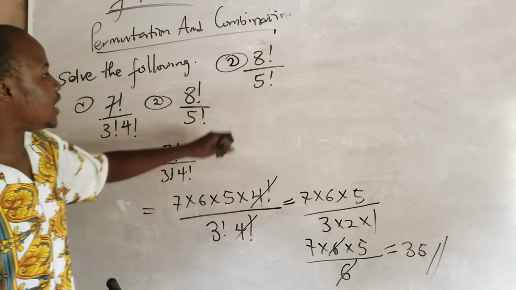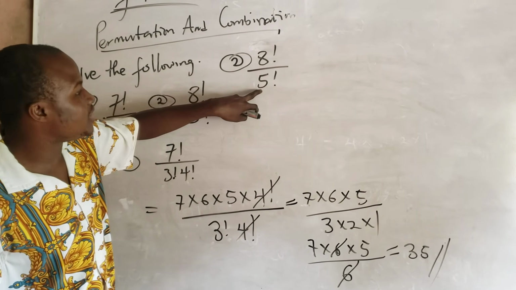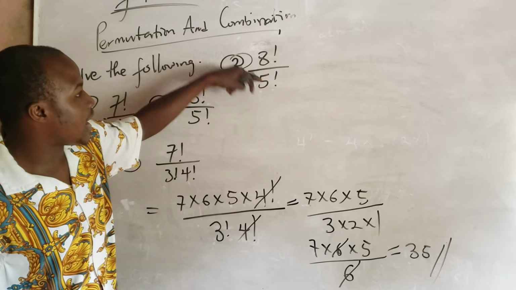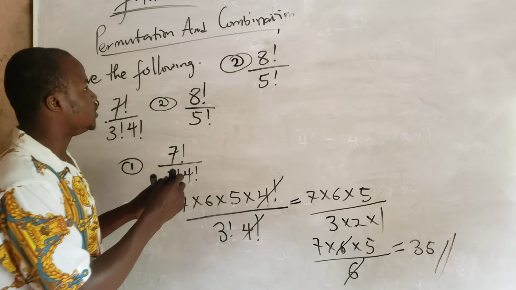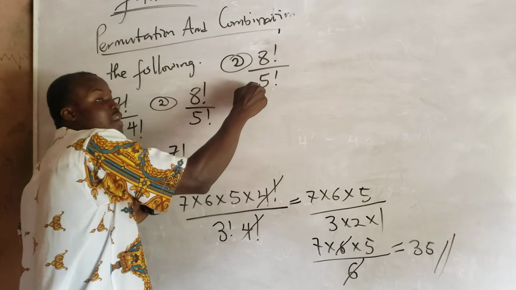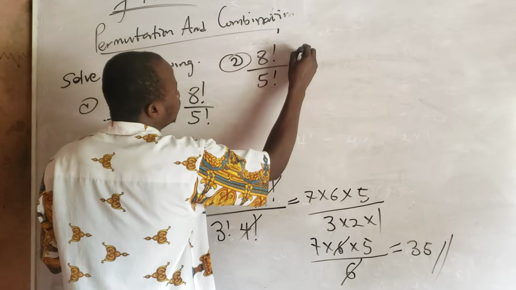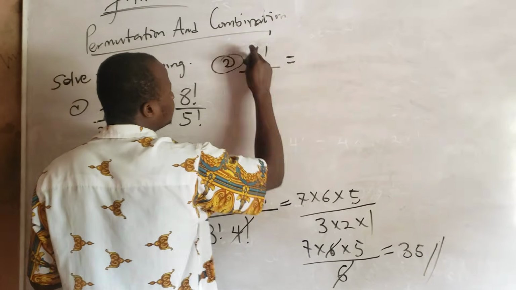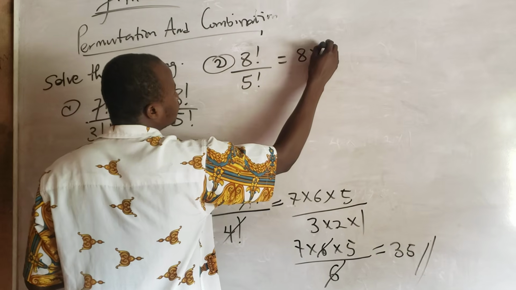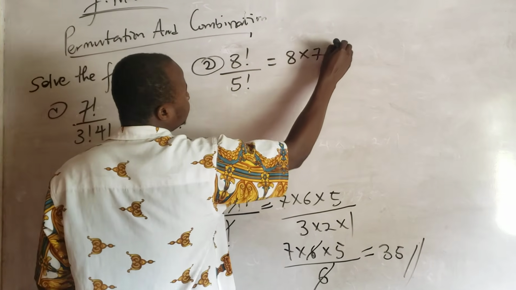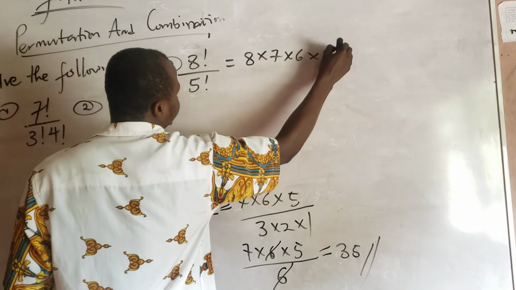If you check this, you know that we can find 5 factorial in 8 factorial, because 8 factorial also contains 5 factorial. For example, 8 factorial is 8 times 7 times 6 times 5 factorial.